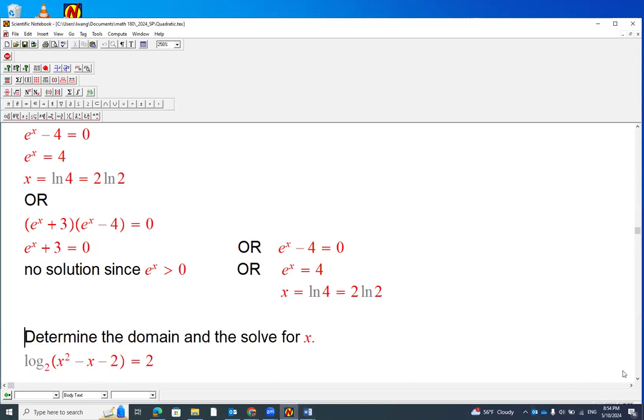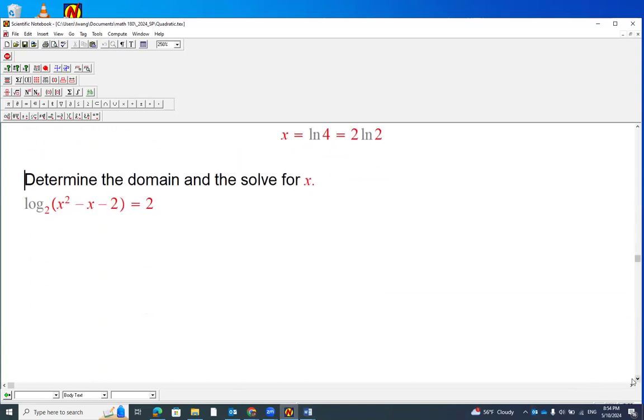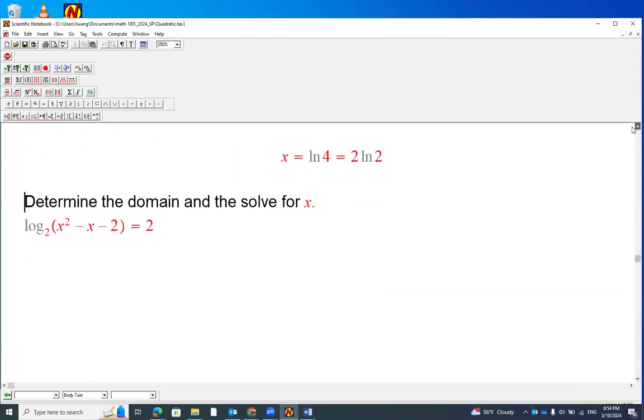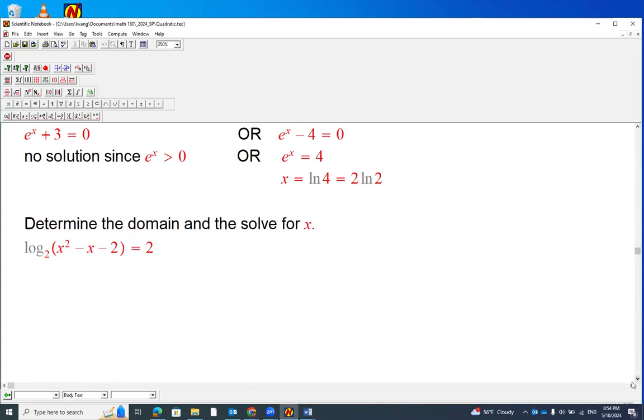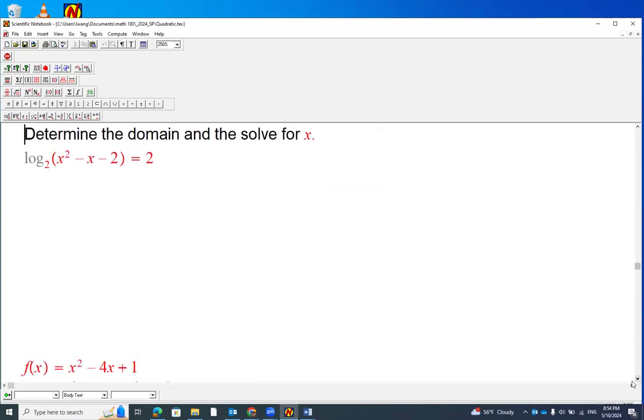Last question. Let's take a look at the last question. Last question asks us to determine the domain. Okay, when determining the domain, we need to know that there's a difference.